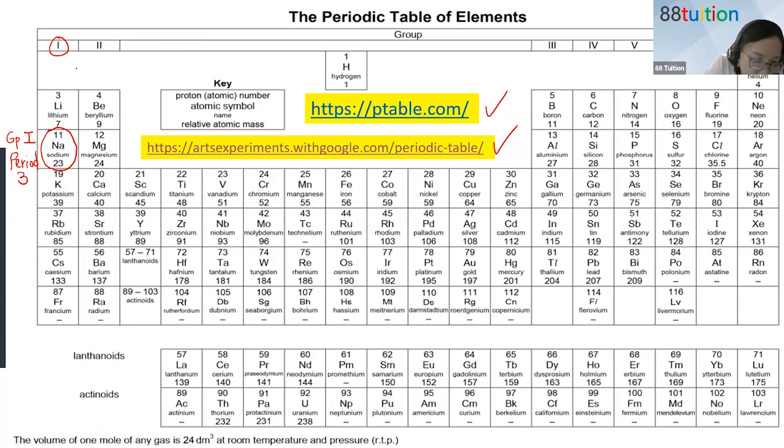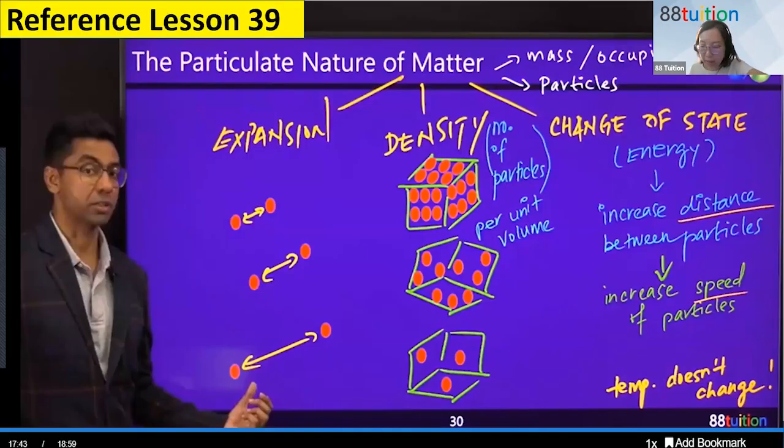So this is period 1. From here to here, this is period 1. Then this one is period 2. This is period 3. And then this is period 4. So that's how you get period 3 for sodium. Okay, right, let's move on.